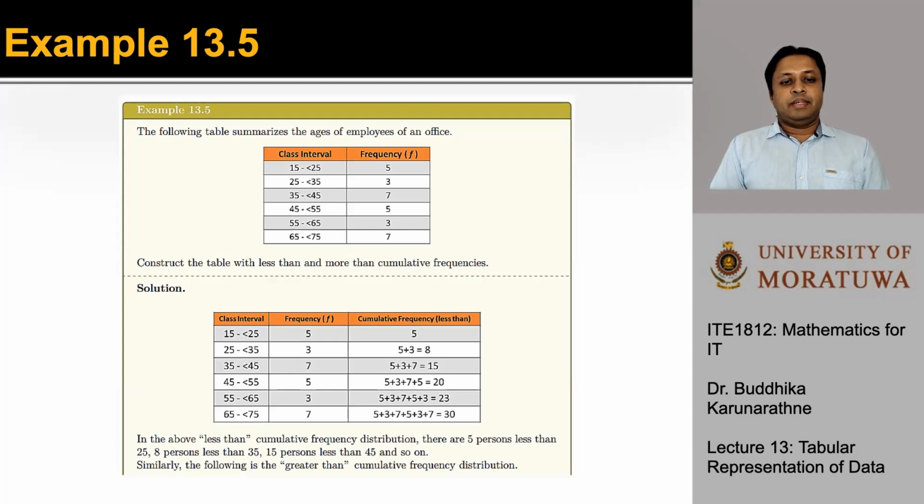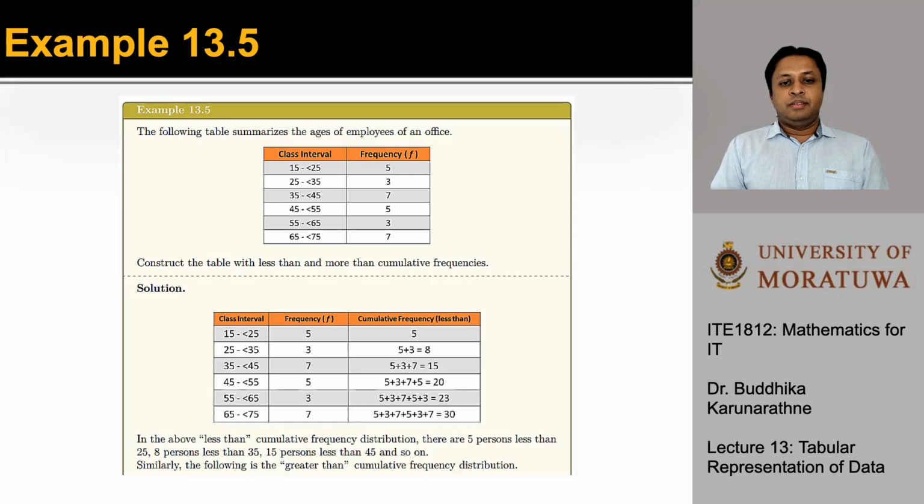First, we attempt the less than cumulative frequency distribution. You start from class number 1, which is 5, and you go to class number 2, in which the frequency is 3, and you add 5 to 3 to get the cumulative frequency as 8. This means that there are 5 persons less than 25 and 8 persons less than 35.